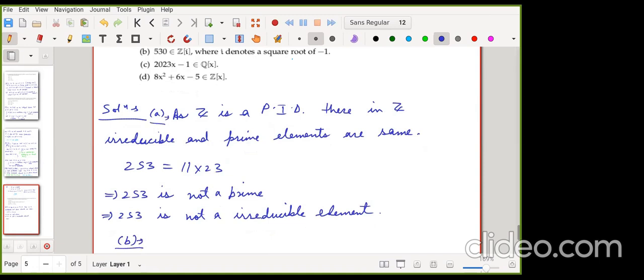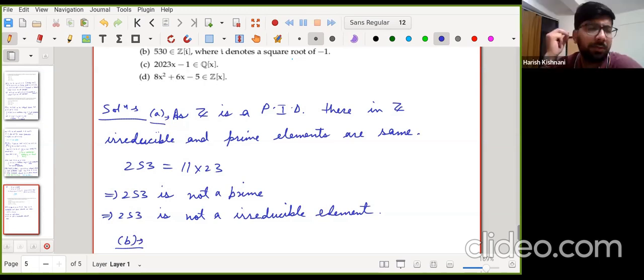530 cannot be expressed as a sum of squares of two integers. But why do you need that for irreducibility?